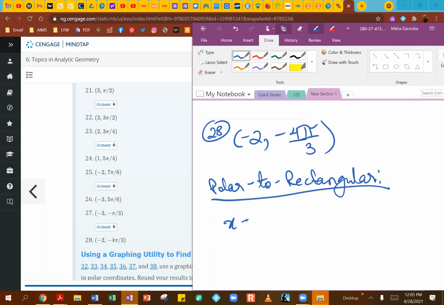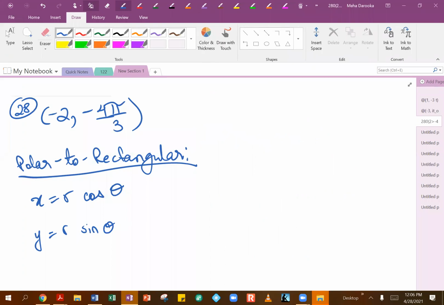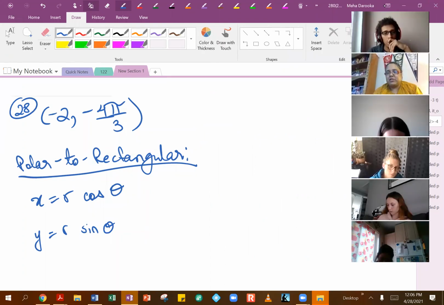When you are going from polar to rectangular, we define x as r times cosine of theta, and we define y as r times sine of theta. If you go back, guys, and look at when we defined these in chapter 1, when we were doing the different formulas and definitions, you will see we had similar definitions.